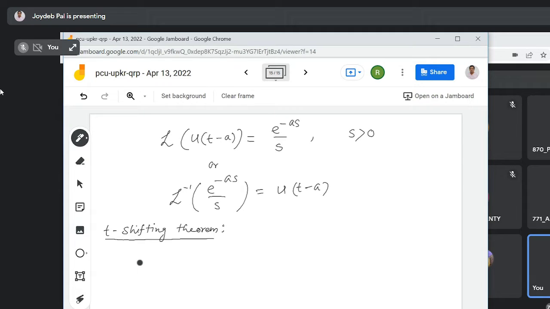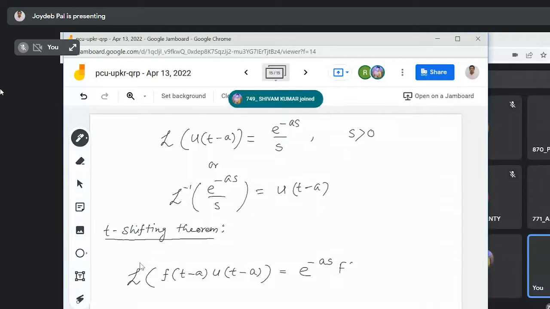It is the Laplace transform of f(t minus a) u(t minus a), which is e to the power minus as F(s), where F(s) is the Laplace transform of f(t).